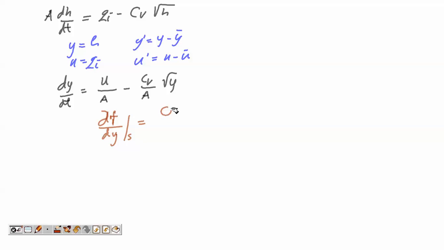this equation with respect to y at steady state. Okay, so the differential of u over A minus Cv over A square root of y with respect to y at steady state. What is the differential of u over A with respect to y?